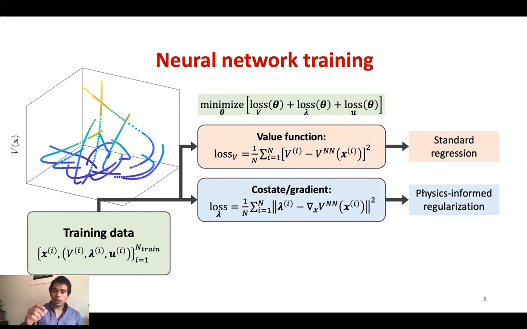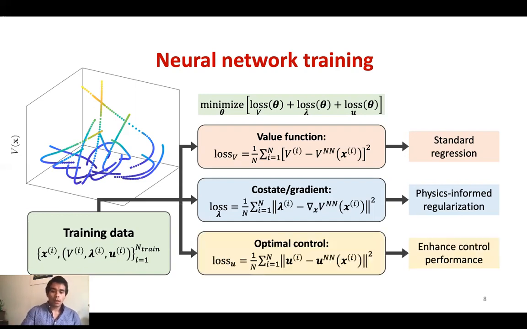This is nice because instead of just learning to fit points, we actually learn the shape of the value function at those points. So by incorporating that problem structure, we're getting a lot of extra information out of our data set and regularizing it in a way that's cognizant of the underlying structure that we want this value function to have. The last term there tries to learn the optimal control at those points. And this works directly towards our ultimate goal of getting a good feedback controller.